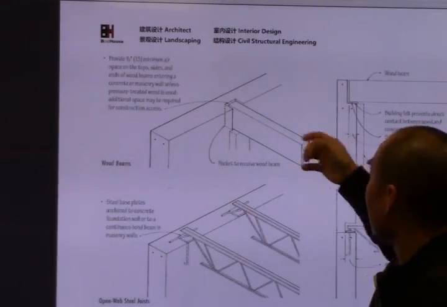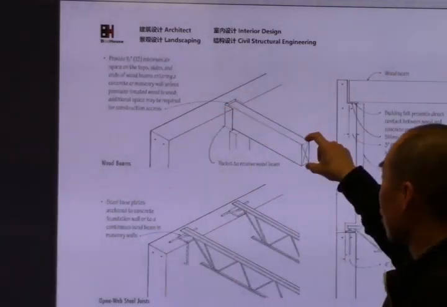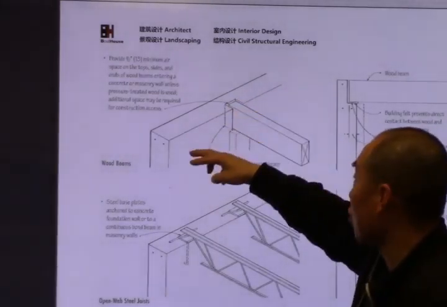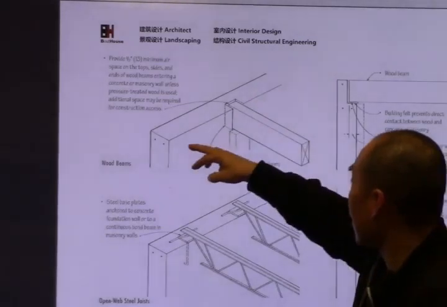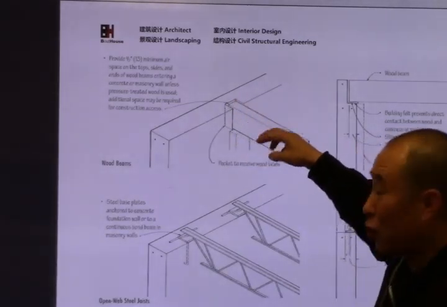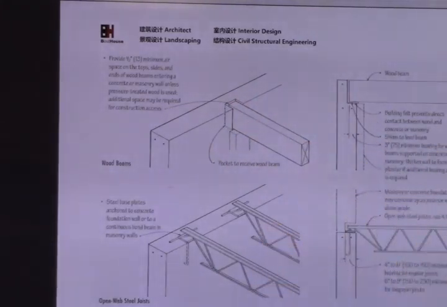We design the steel beam from this wall to the wall on the other side. For the steel beam, we need a pocket. We cut the concrete, so when you design this, when they pour the concrete, they need a pocket for sitting the steel beam or wood beam. It's the same thing for a steel beam.